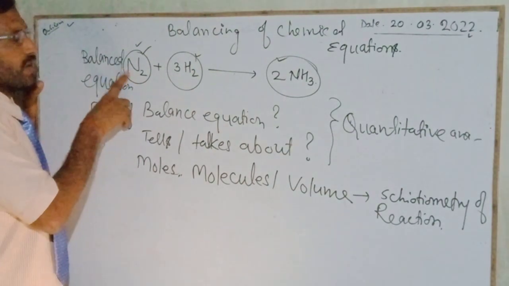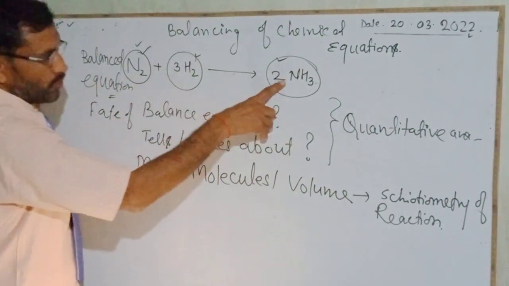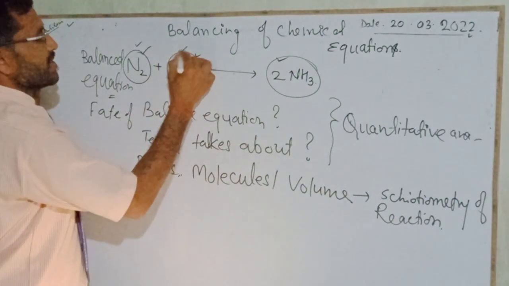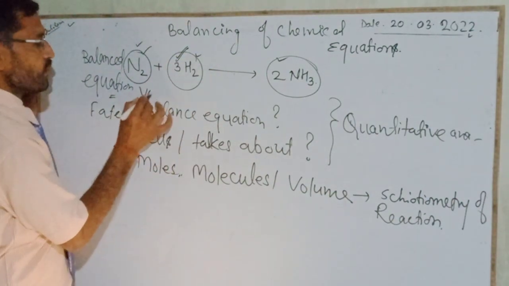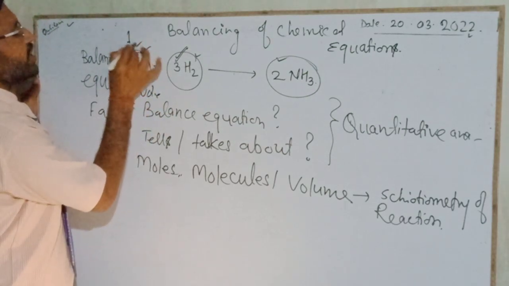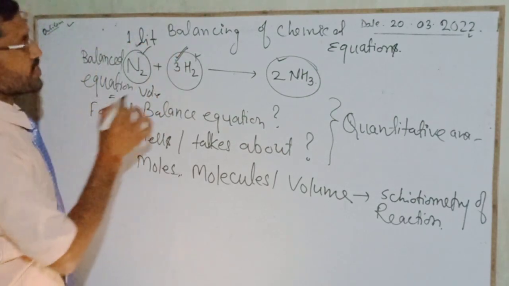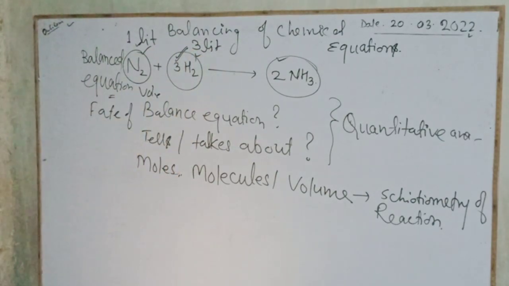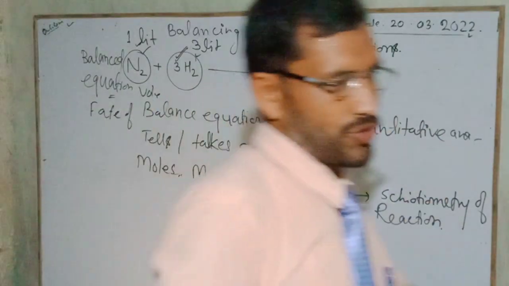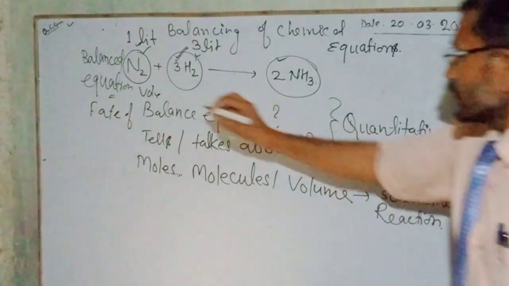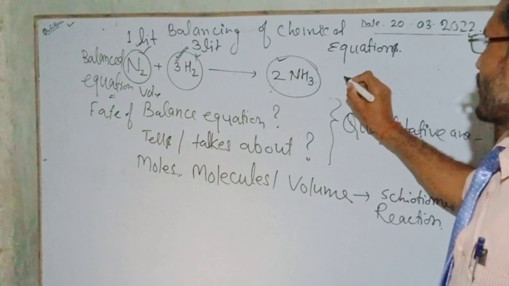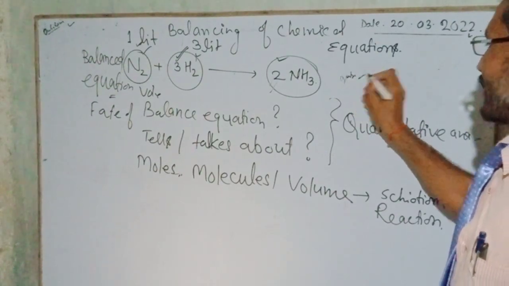Another thing is that it talks about the number of moles present. Suppose 1 mole of nitrogen reacts with 3 moles of hydrogen molecules, or you can say in volume, 1 liter of nitrogen reacts with 3 liters of hydrogen, giving rise to 2 liters of ammonia gas.